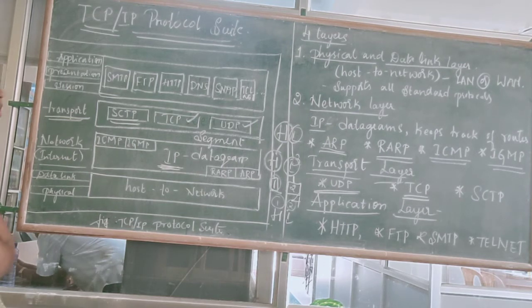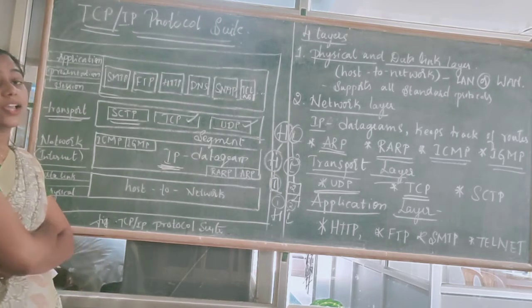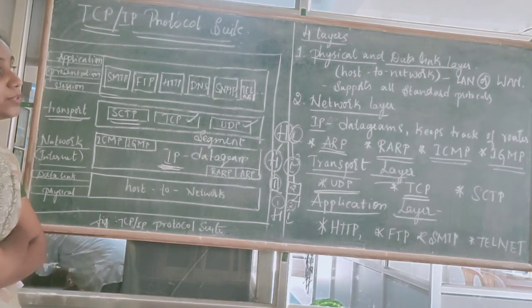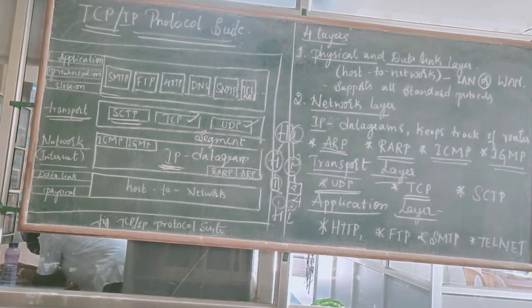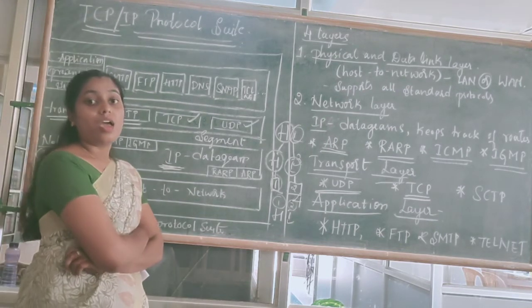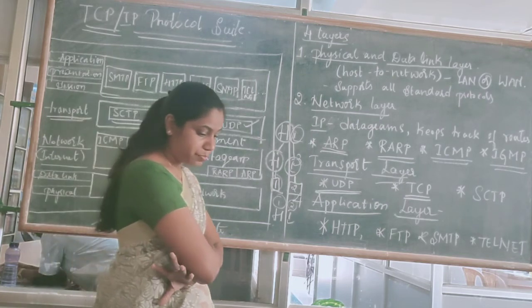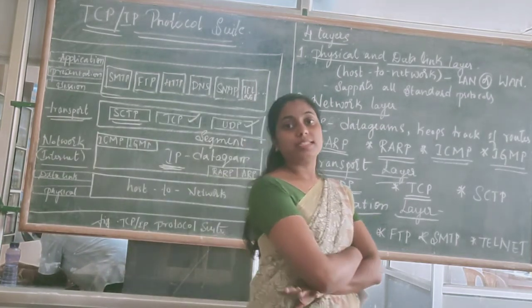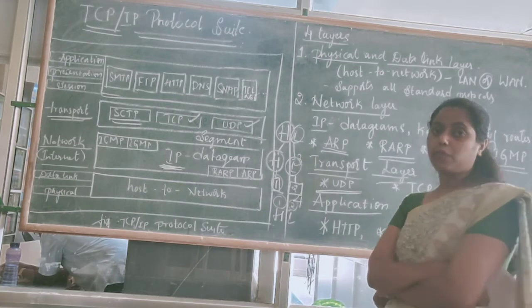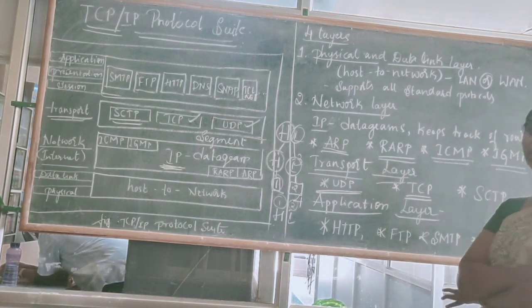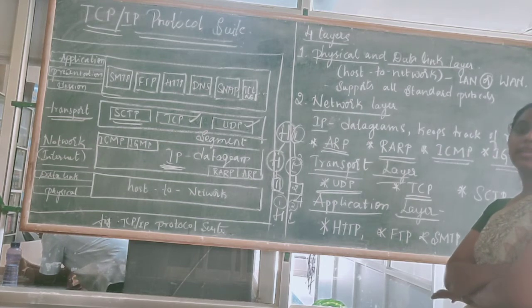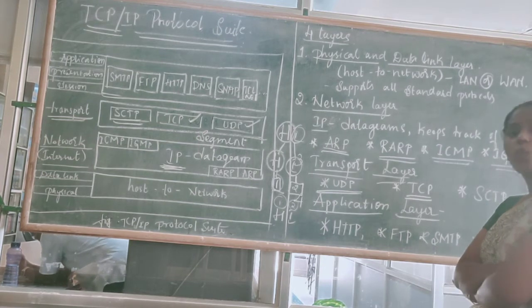It is a combination of the physical layer and data link layer. It supports all the standard protocols irrespective of any specific protocol, and when we say host to network, the network can be anything, like a LAN or WAN.